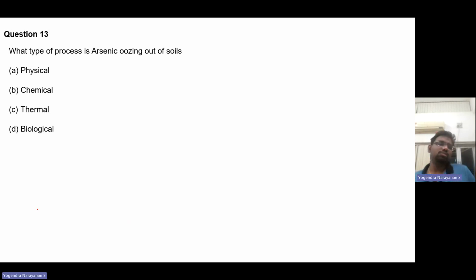So now, arsenic oozing out of the soil is essentially not confined to arsenic.